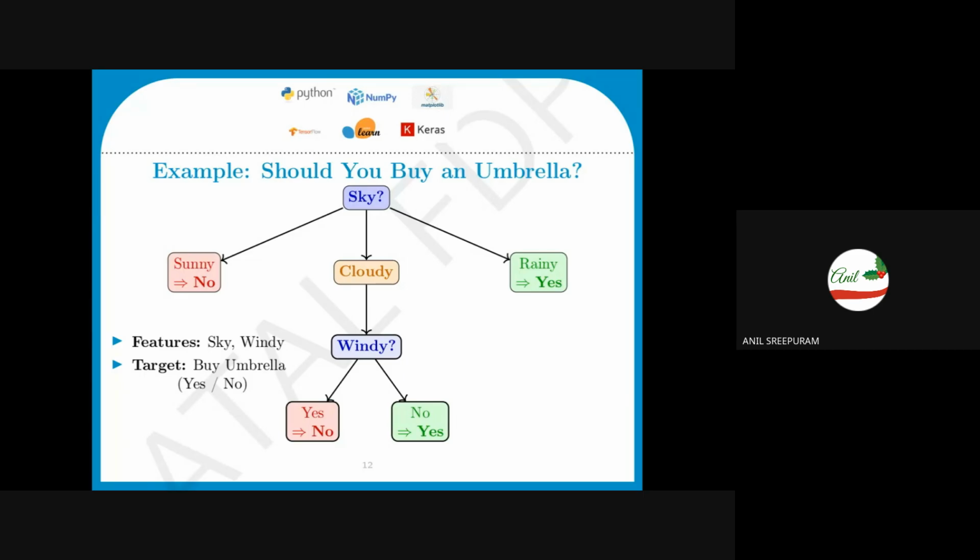Please see what is done here. I don't have any numeric parameters like alpha 0, alpha 1, alpha 2, etc. What I will be doing is, based on the features in the input, forming a hierarchical structure. In the structure, each internal node represents a test, such as what the sky situation is.